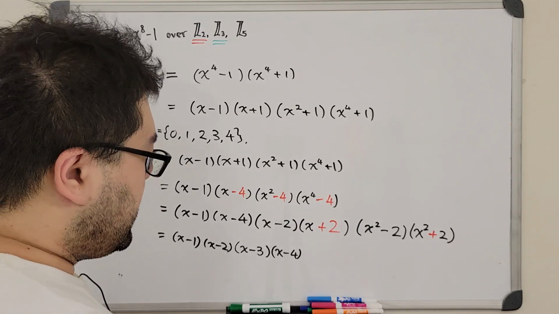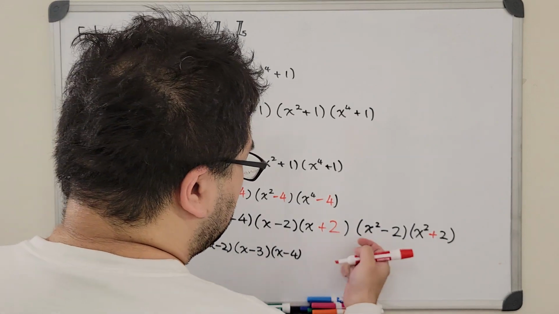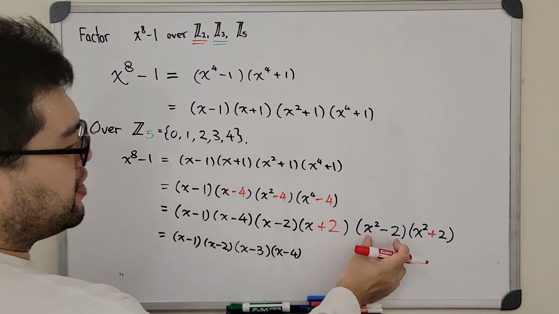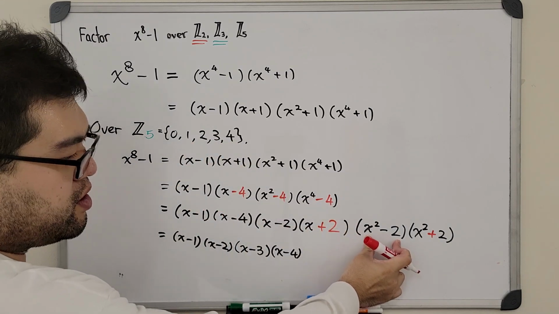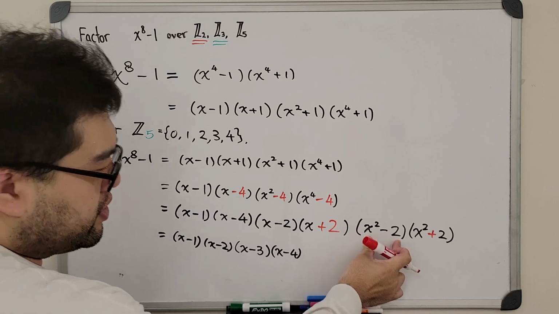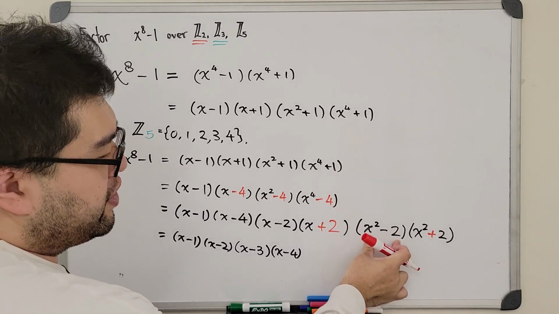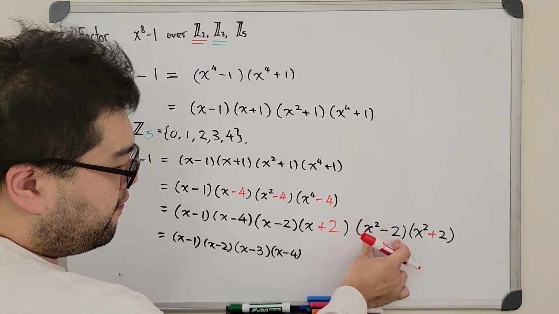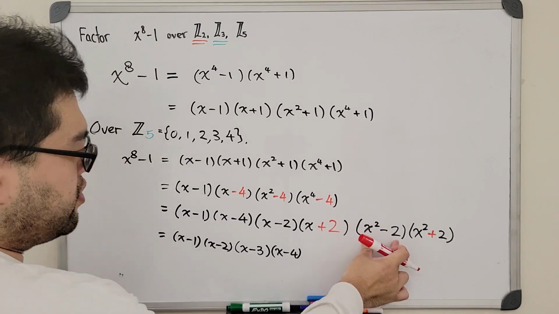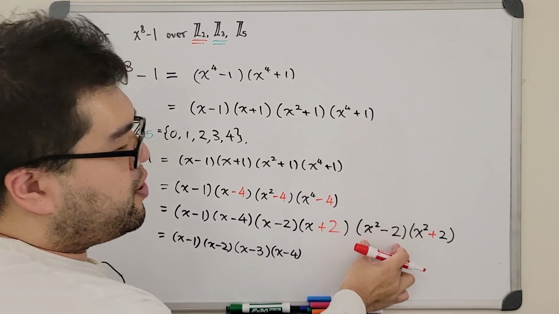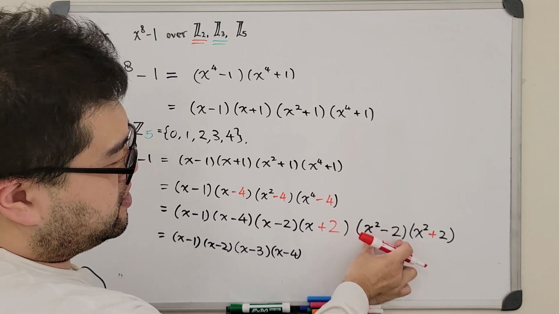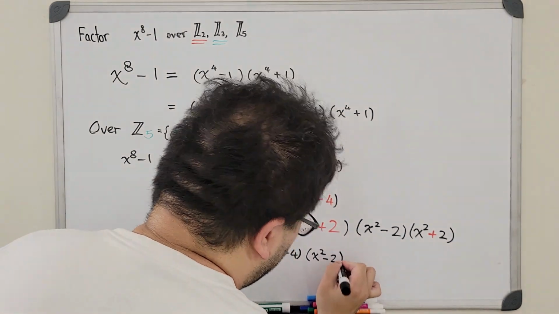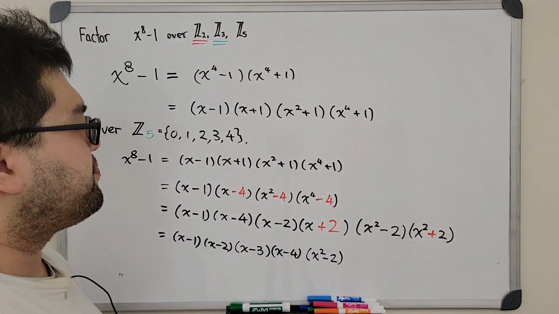So it means that no matter what we choose here, none of the values will give us the quadratic term equal to 0. So the assumption of having a linear factor is incorrect. And since there's no linear factor for this quadratic term, it's not possible to actually factor out x squared minus 2. Therefore, x squared minus 2 is already irreducible.